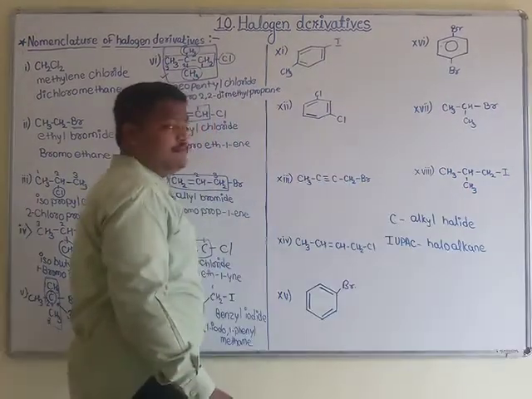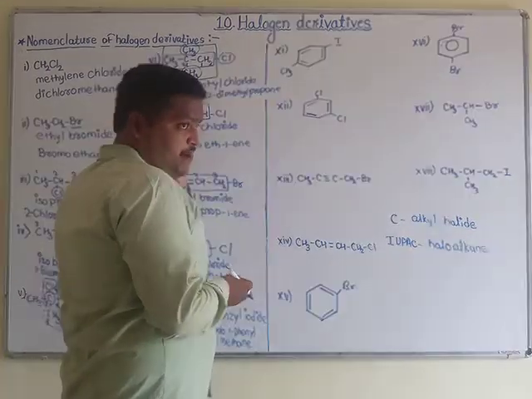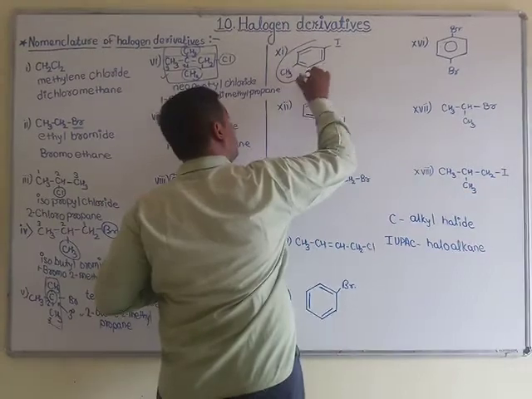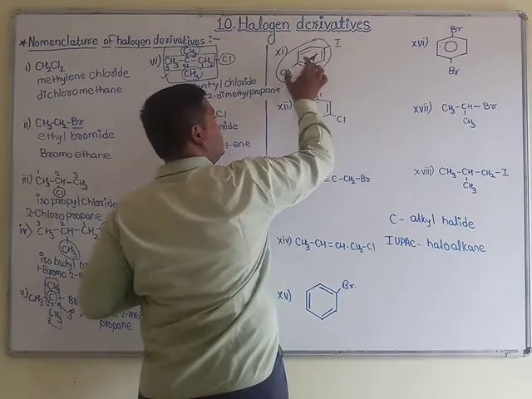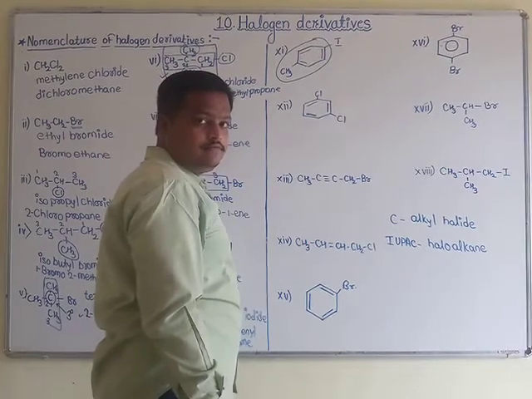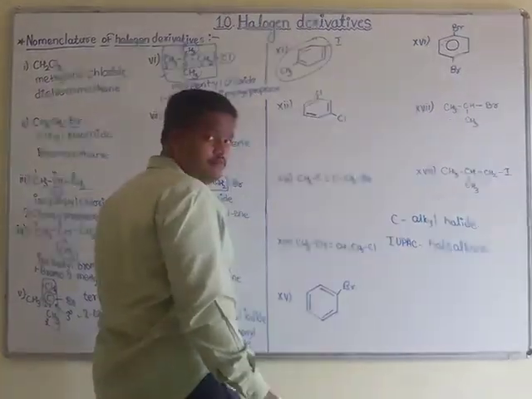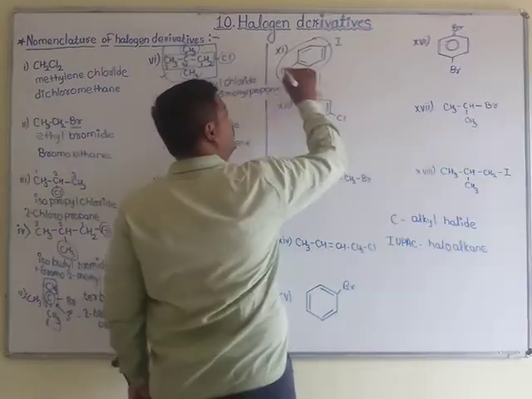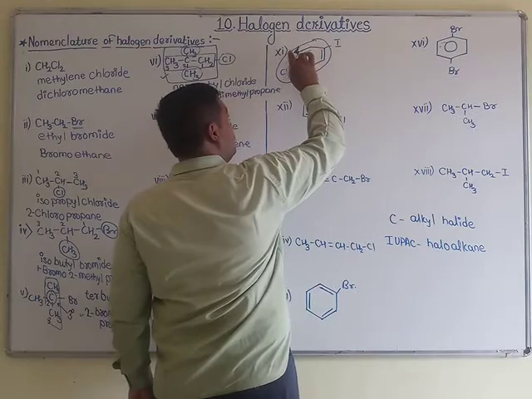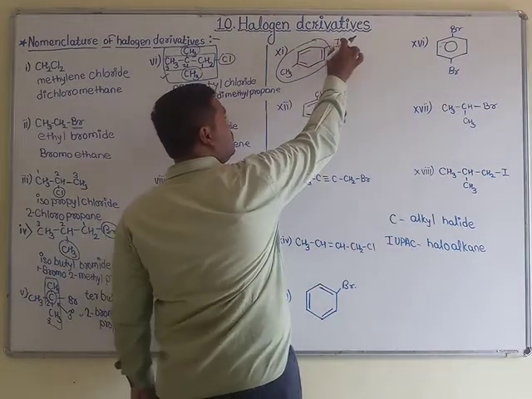Yes, to give the common name to this compound, we know the name when a benzene ring has CH3. Yes, this compound is commonly known as toluene, and here on the para position, meaning on the fourth position from this CH3, iodine is present.